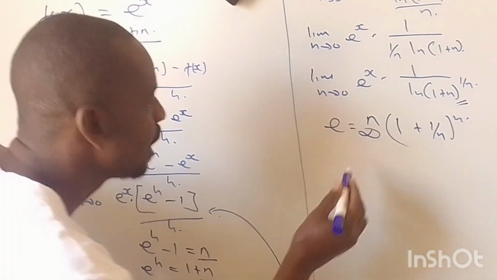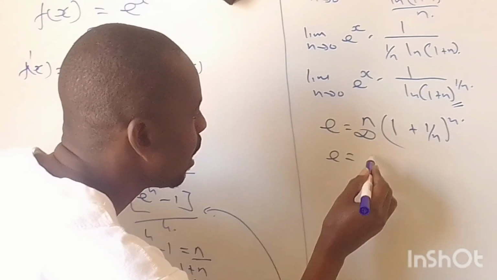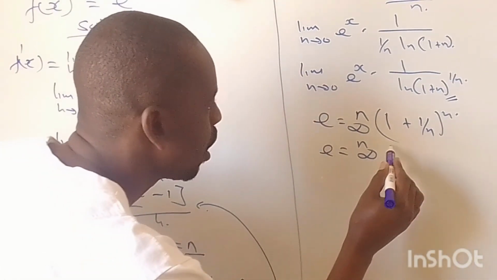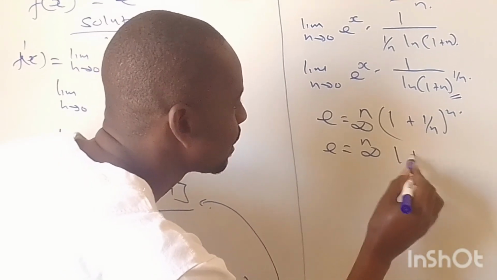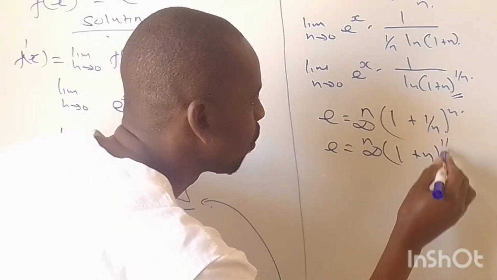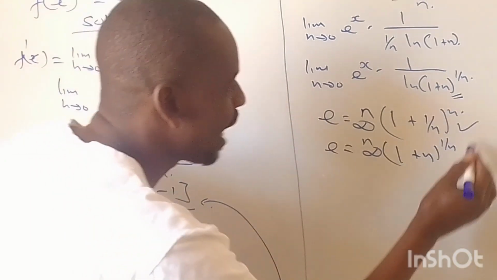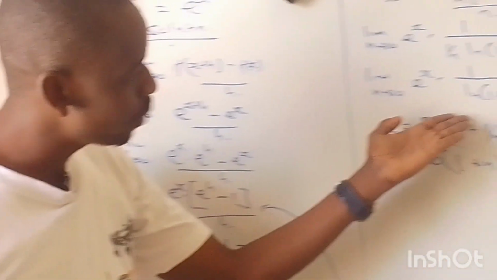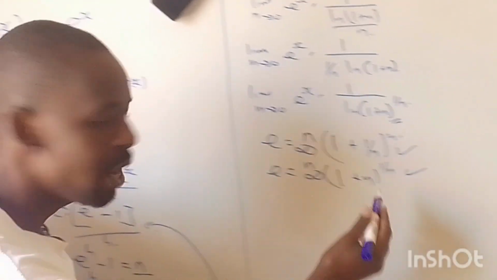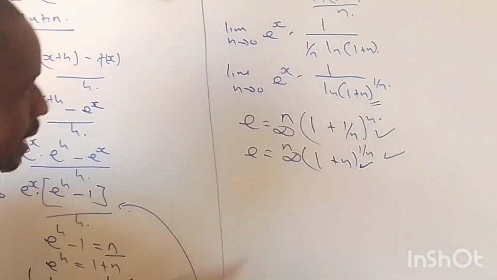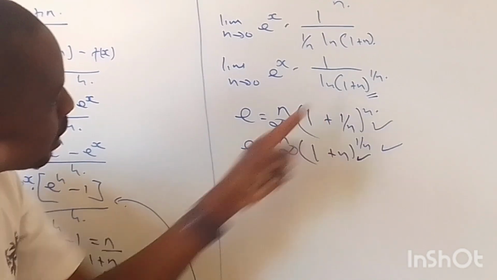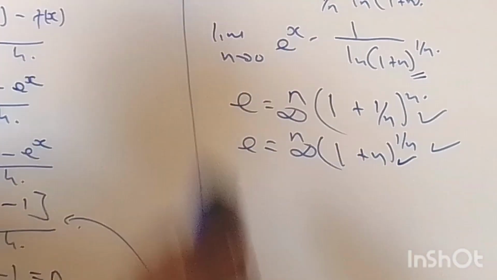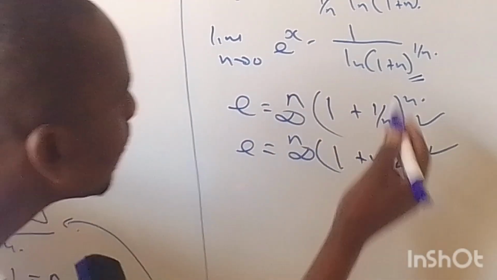And another one, as n tends to 0, (1 + n) raised to 1 over n. So this and that are the same. You can define it either way. But now we are busy with this one, because it resembles whatever we have there. So we know that this one is e.